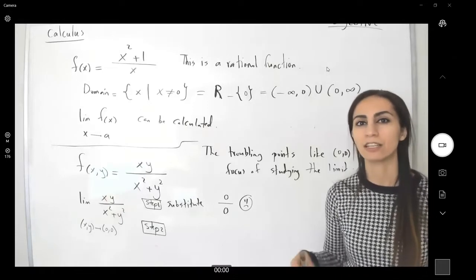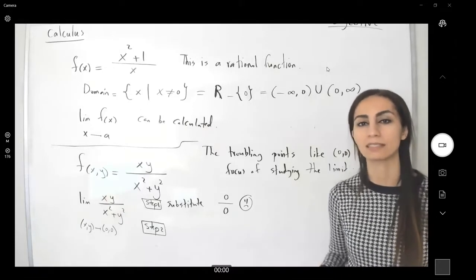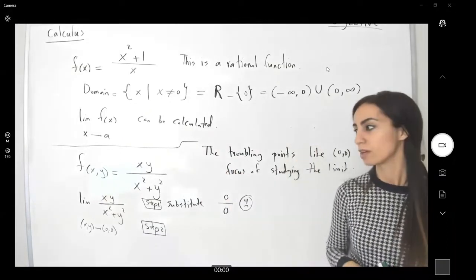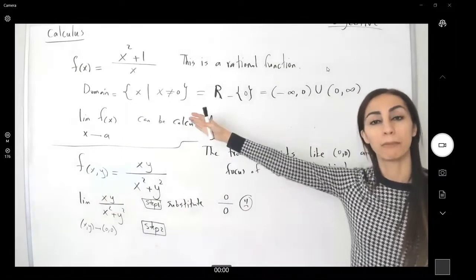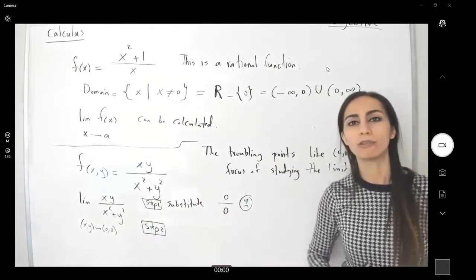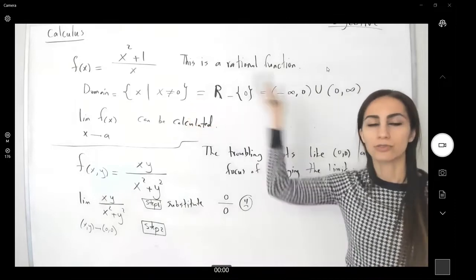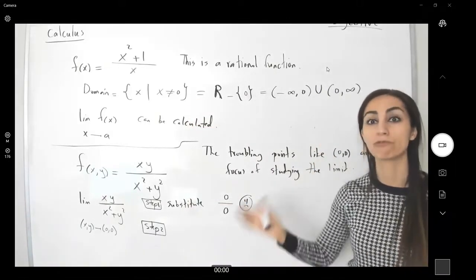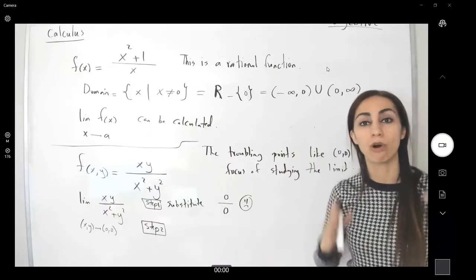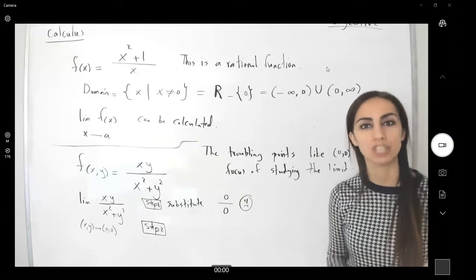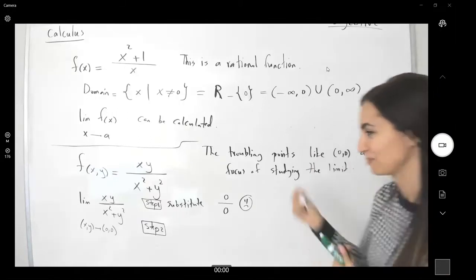Unfortunately, we cannot just randomly select some paths and make the final decision. If I plug in x equal to 0, my numerator is 0, the outcome is 0. If I plug in y equal to 0, the numerator is 0, and the outcome is 0. So you might get the wrong conclusion. To be safe, we use general paths.